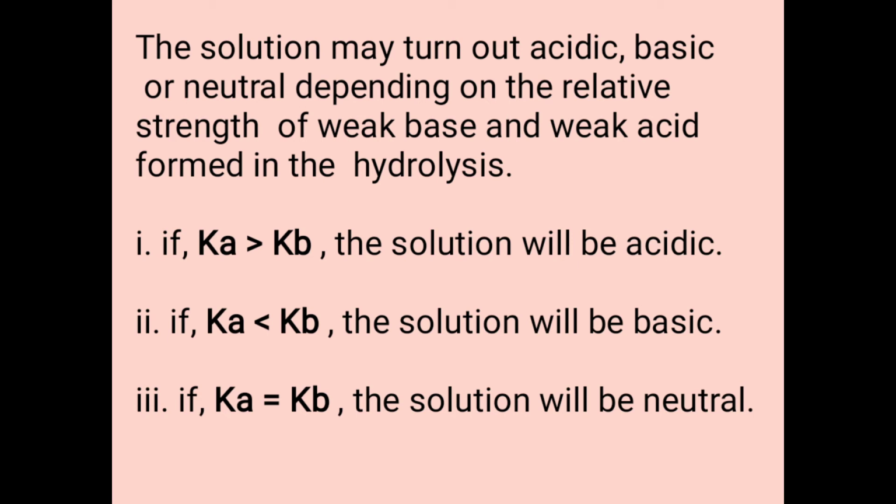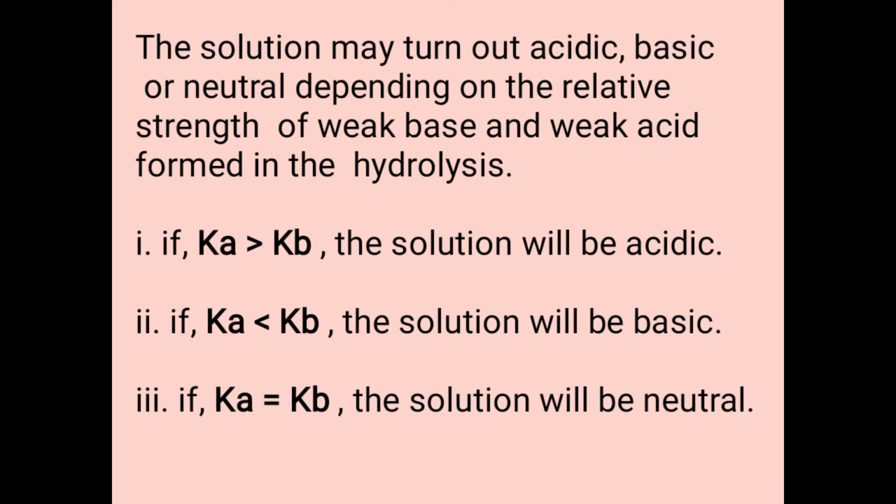Means what, the dissociation constant of acid means the acid dissociates more in the aqueous solution. Means concentration of H plus ion in the solution is more, then that condition is acidic in nature. When Ka is less than Kb, means the concentration of base, that is OH minus ion, is higher, then the solution will be basic in nature.